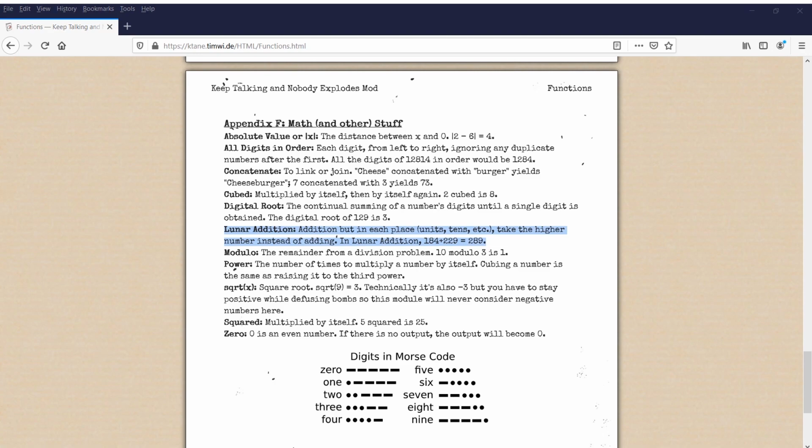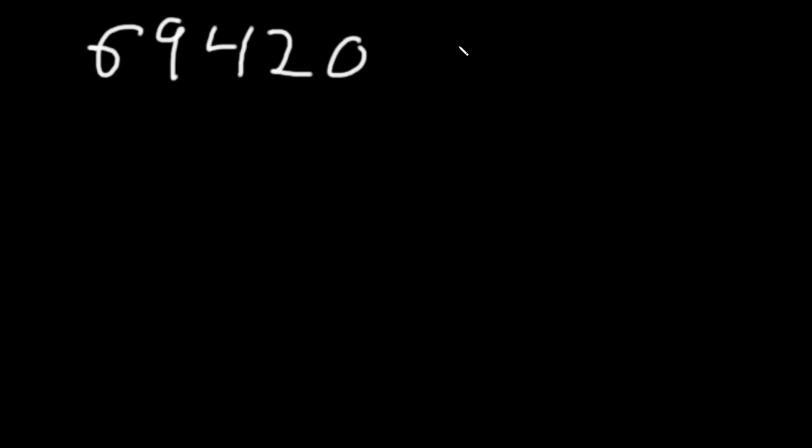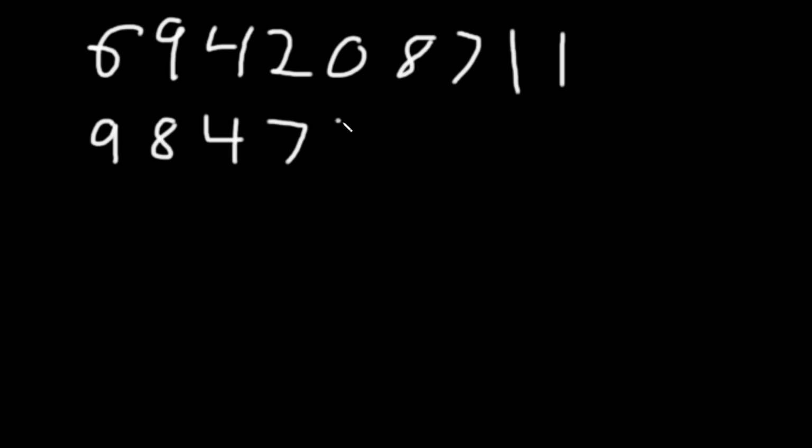So, let's see. Let me swap over to this. Basically, instead of adding normally, you would just take the higher number. So, if we were to take the number 69,420,87,11 versus 9,8,4,7,2,5,3,9,1.